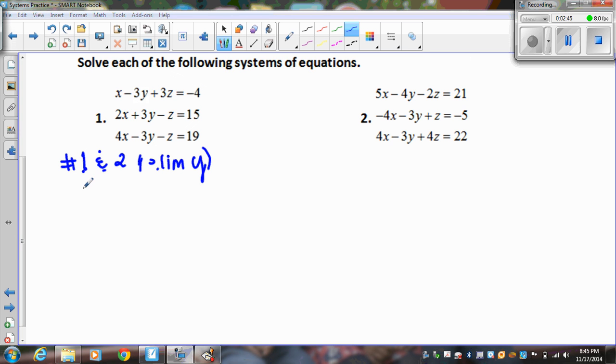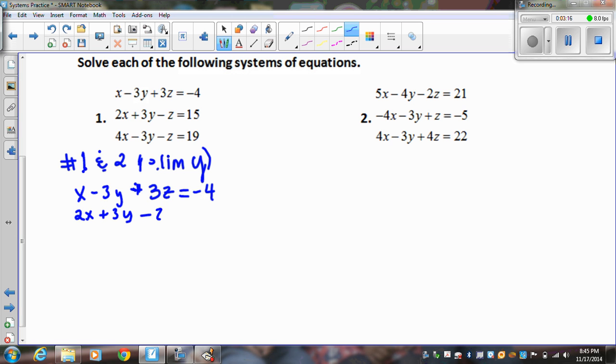So I'm going to have x minus 3y plus 3z equals negative 4, and I am going to have 2x plus 3y minus z equals 15.